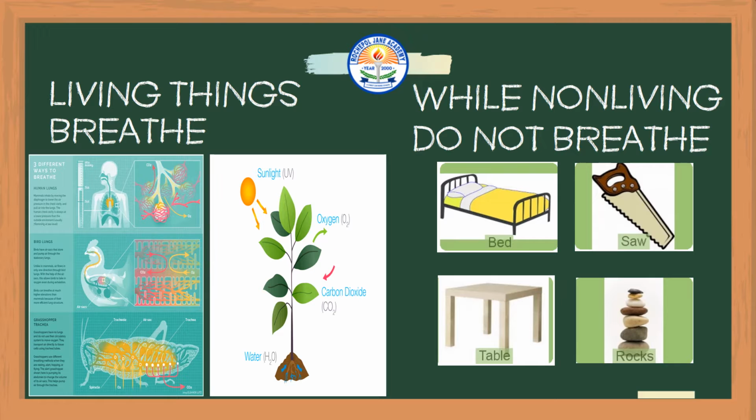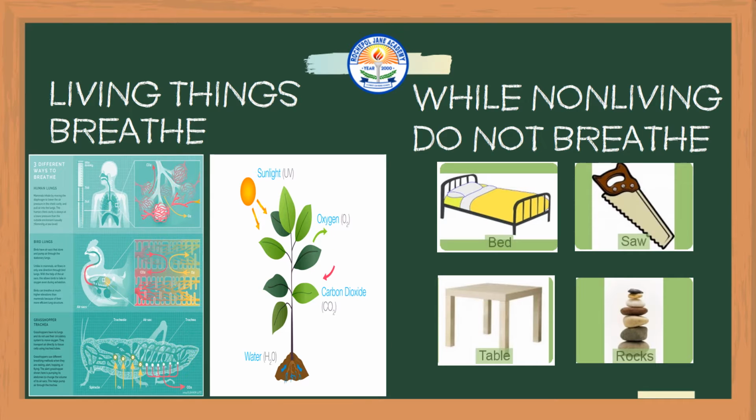Living things breathe. As we can see here, the humans need air. They go into the nose and to the lungs. And here we have the chicken who breathes in the oxygen into their lungs.